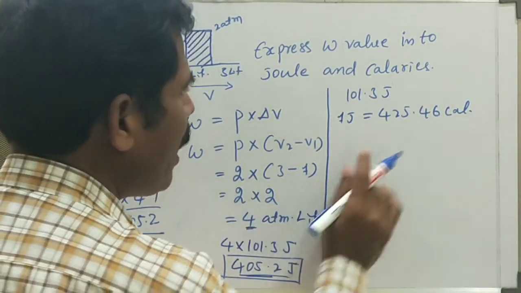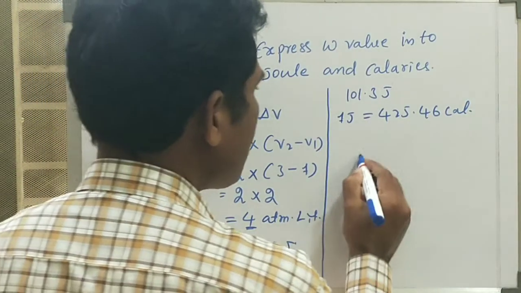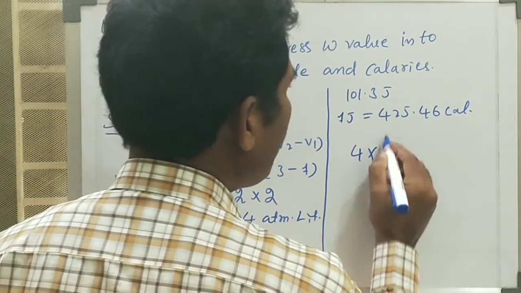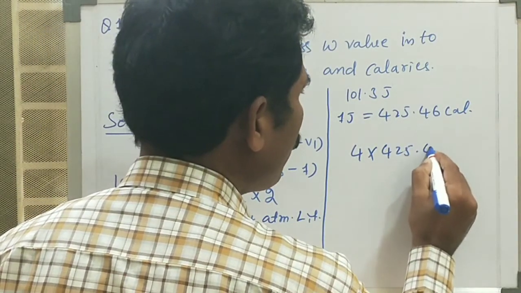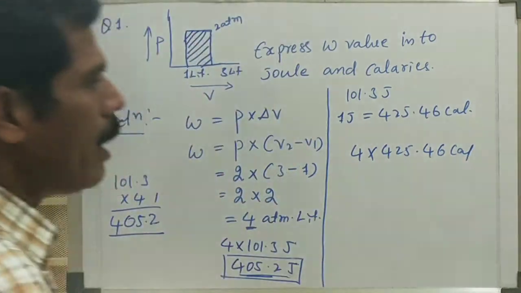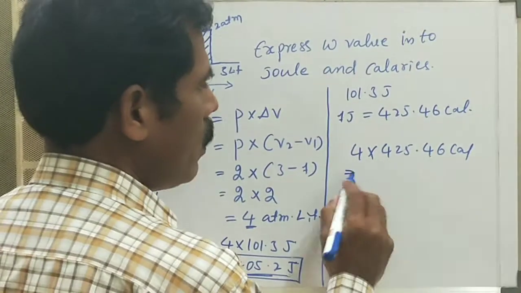This value is multiplied with this value. How much will you get? It is 4 into 425.46 calories. Let us see that.